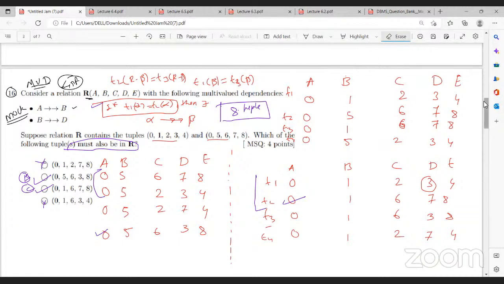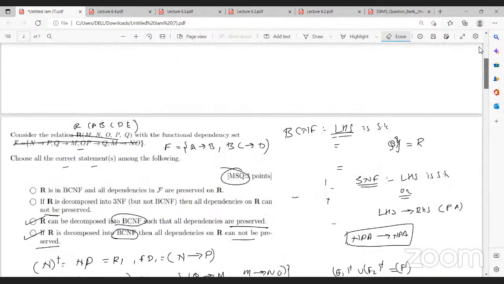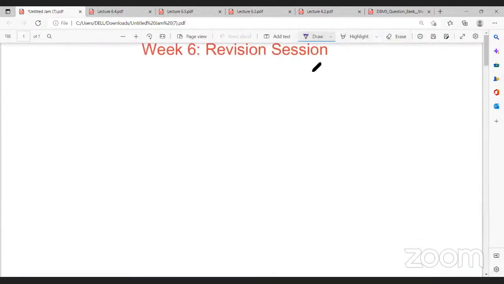Okay, I hope it's clear to everyone. So in this week, we have discussed normalization. So 1NF: no multivalued attribute. 2NF: no partial dependency, meaning a subset of a candidate key determining a non-prime attribute.